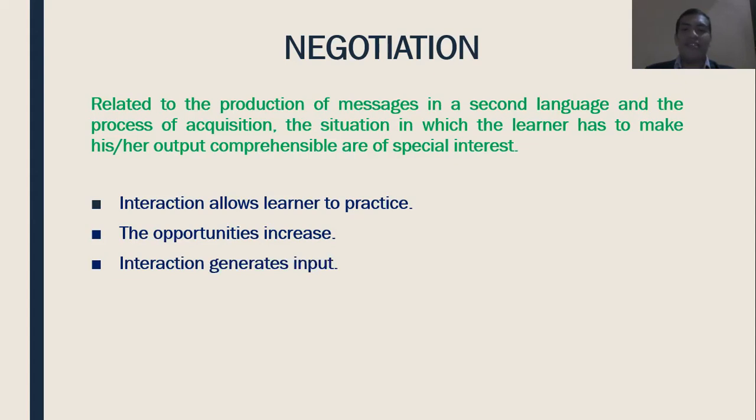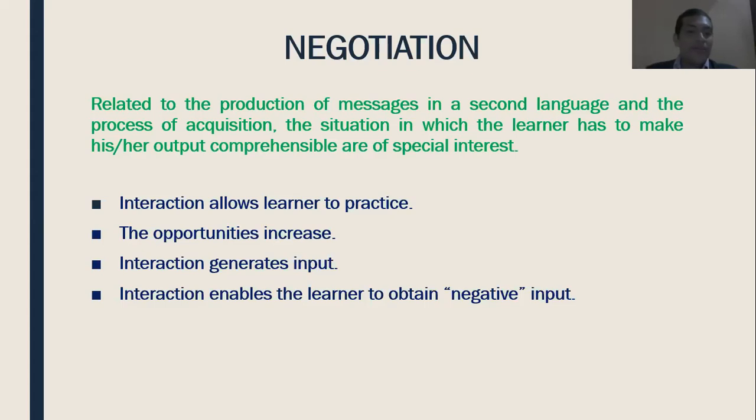Interaction generates input, as I have mentioned before. Some people have a higher level of English. When we listen to that person or that native speaker, we can learn more about the language.